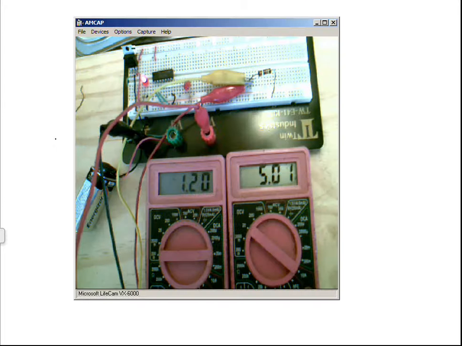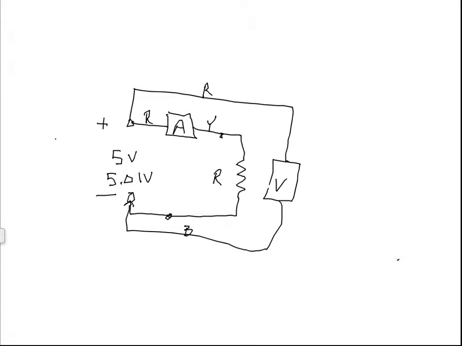And now my current I see is 1.2 milliamps. Right there is my current scale, and that is a maximum of 20 milliamps. So 20 milliamps, 0.020, is max.